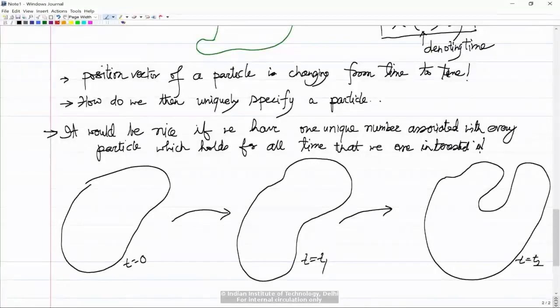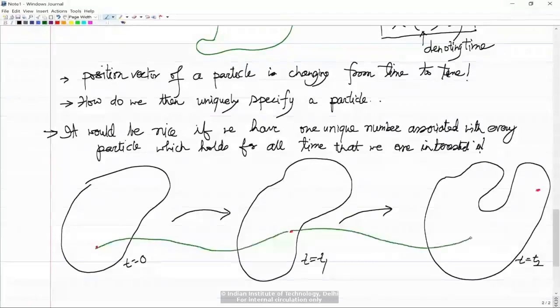And there is a material particle here which may have come over here and then it may have gone over there. And this particle may be following this green trajectory in space. So you can see that the position vector of this red particle is changing with time. So how do we then, can we think of a unique number for this red particle?